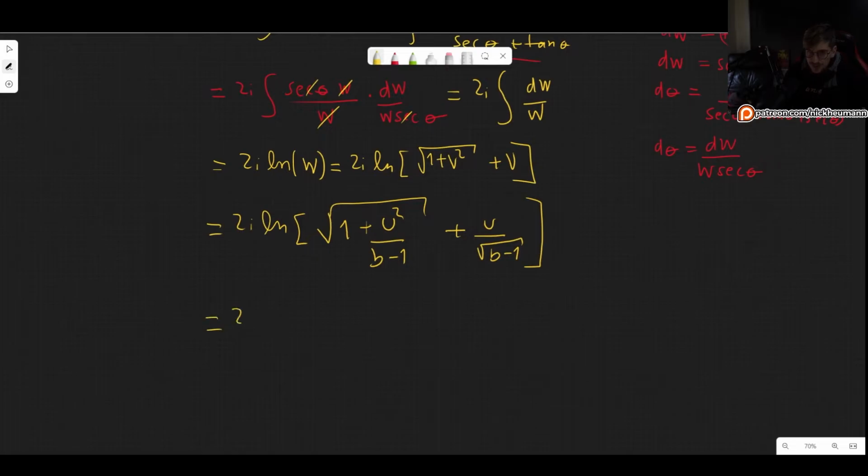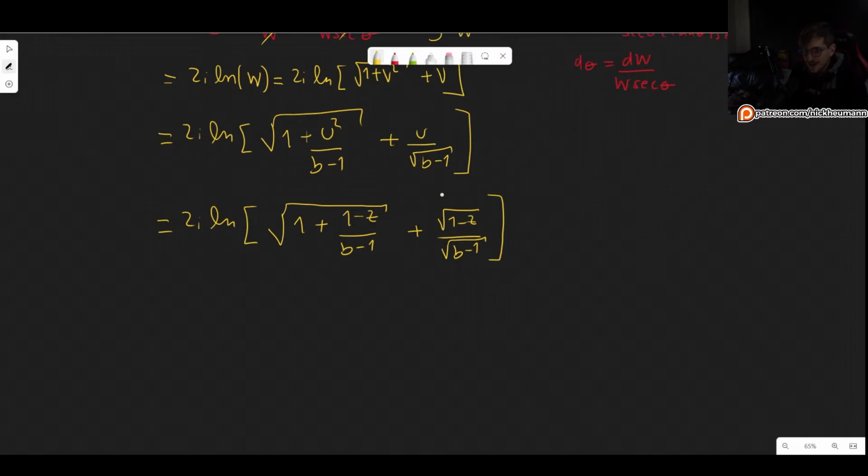So this thing here, 2i natural log of the square root of 1 plus, and now we have 1 minus z over b minus 1. All right, what else? And then we have here, plus the square root of 1 minus z divided by the square root of b minus 1.